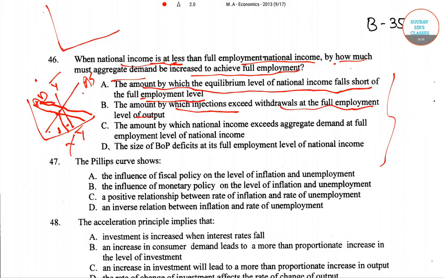Option C says the amount by which national income exceeds aggregate demand at the full employment level of national income. And the next option says the size of the budget deficit at the full employment level of national income. Before I answer this question, I am giving you some time to think about it and give your answer according to what I have drawn here. Then I will give the answer.